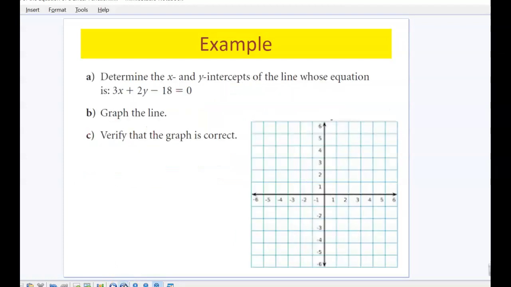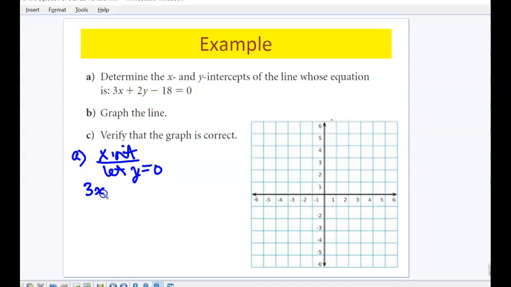Okay, in our next example, we're going to determine the x and y intercepts of the line whose equation is given by 3x plus 2y minus 18 equals 0. Then they want us to graph the line, and they want us to verify that the graph is correct. So to begin with, let's do part A. I want to find the x-intercept. So for the x-intercept, I let y equal 0.